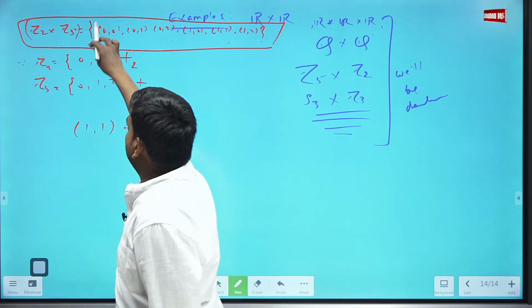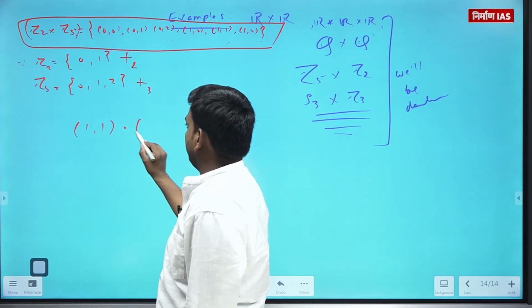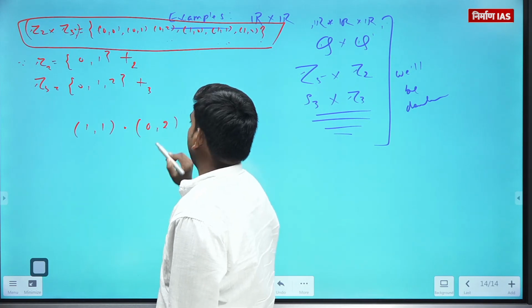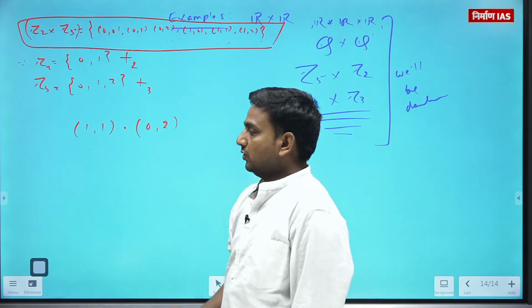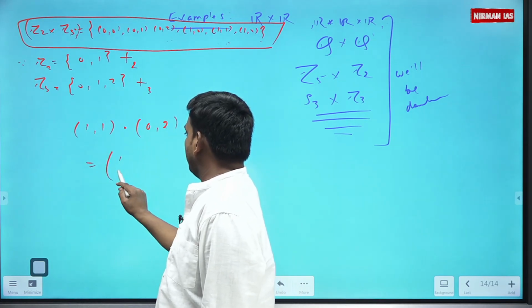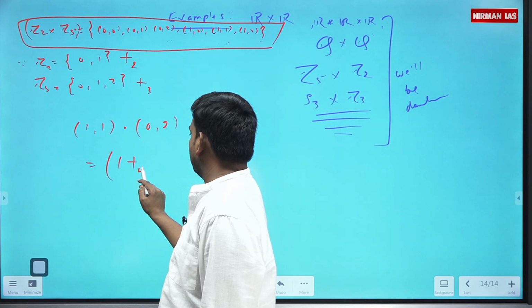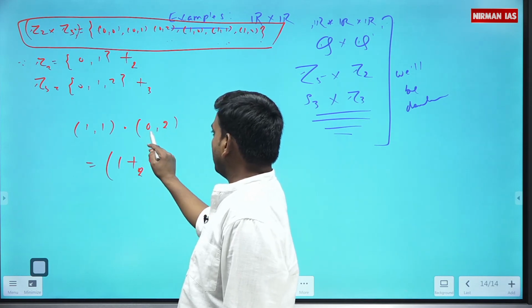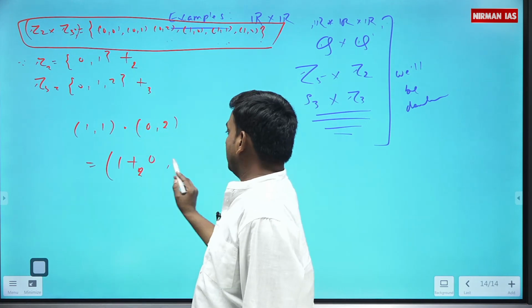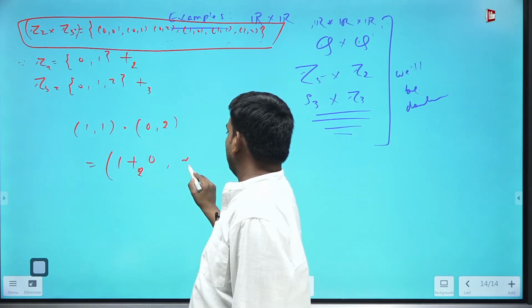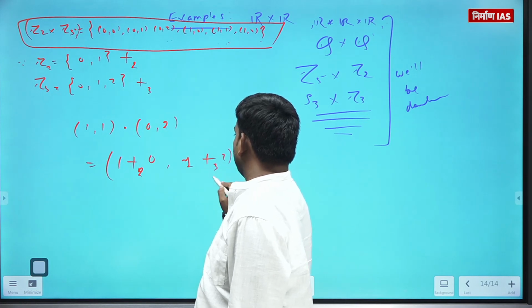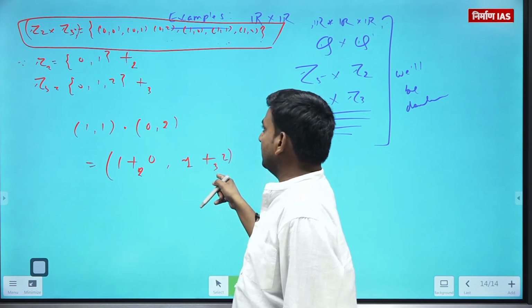As I told you, the first entry will be composed according to the first group's composition. The second entry will be composed according to the second composition.